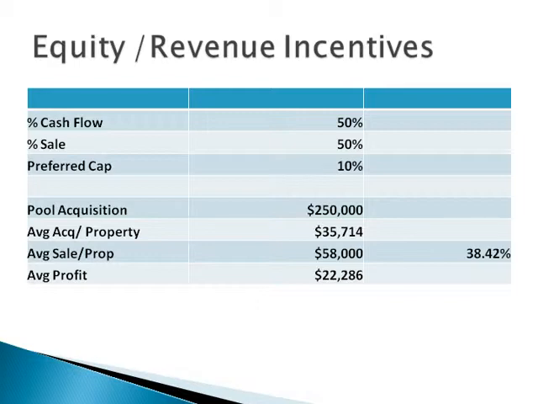The preferred cap rate for us would be something like 10%. So whoever puts the money up gets the first 10%. Then there might be a little management fee charge after that, and then cash flow could be split, negotiable, but say 50-50 on the cash flow on the sale and on any extra interest income above the 10%.